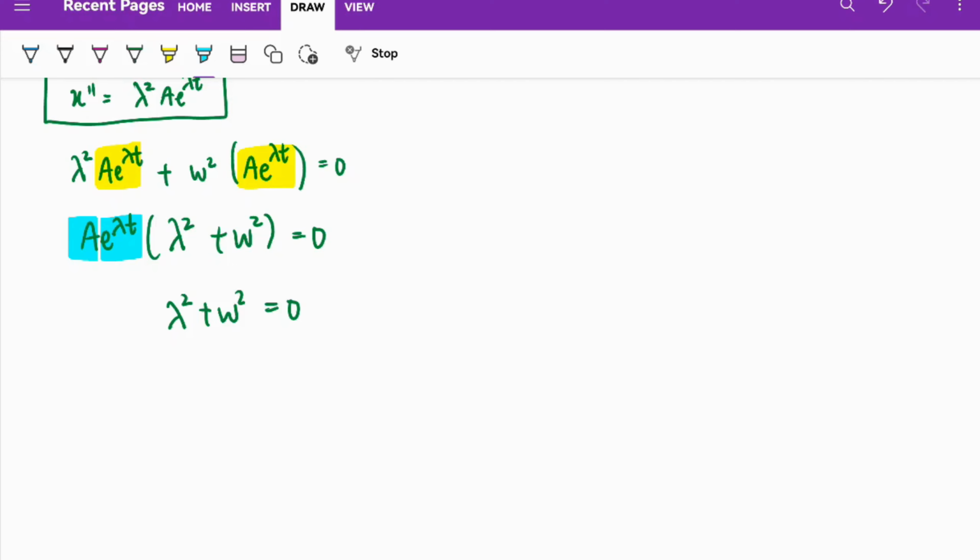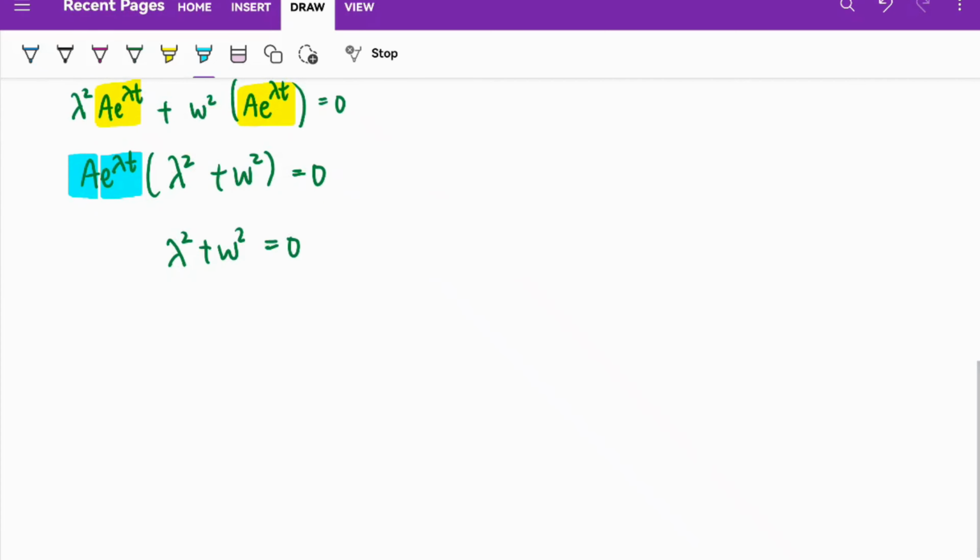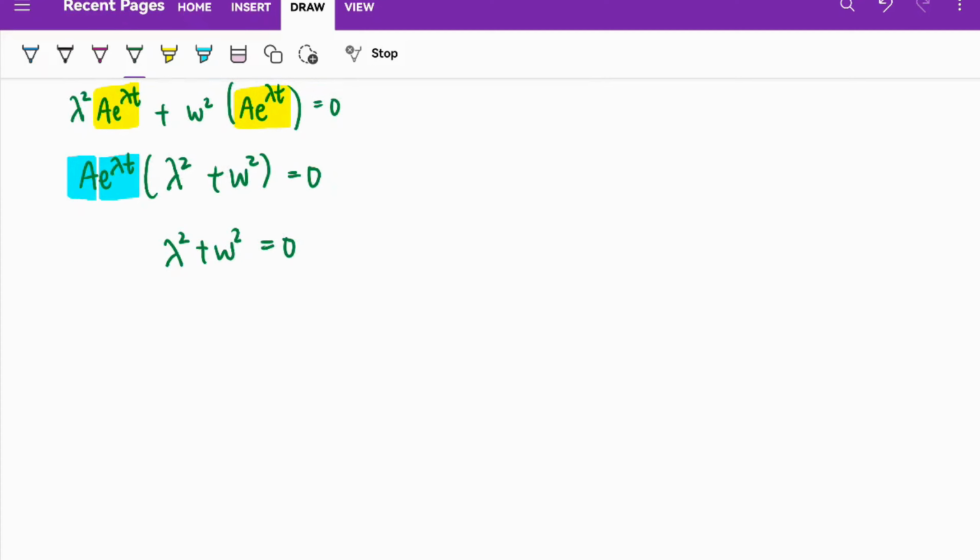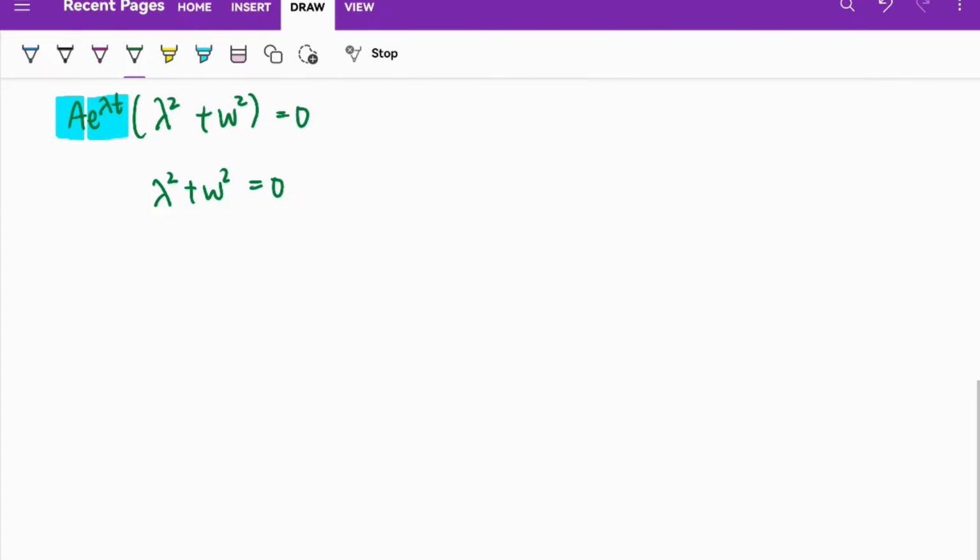So therefore, we are stating that A is not 0 for this case. Yes, there is a trivial solution which is 0, but we're not taking that because we are trying to get the equation. Therefore, it's best for a while to not take the trivial solution in. Okay, so we get this, right?